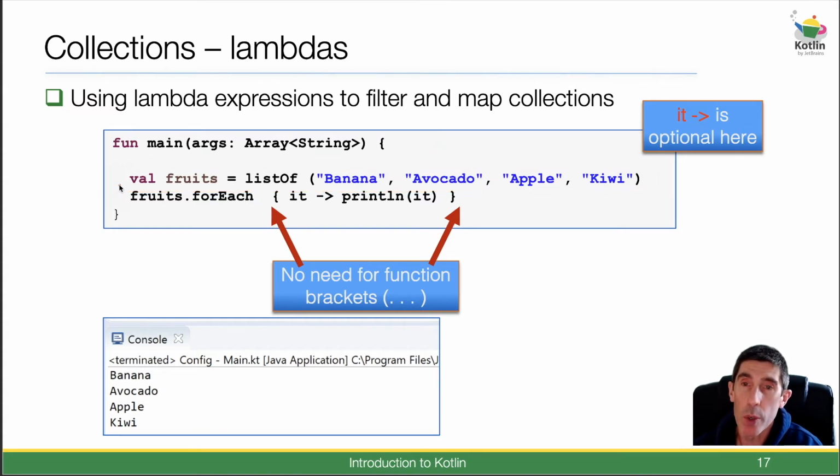But what we can do is loop through that list using a higher order function. forEach is a higher order function that belongs to the list interface. And notice no need for function brackets. Because it's a higher order function, we can leave those out altogether. So we just pass in the lambda expression. There we are using our it reference, which will reference the individual element that we're looping through in the collection.